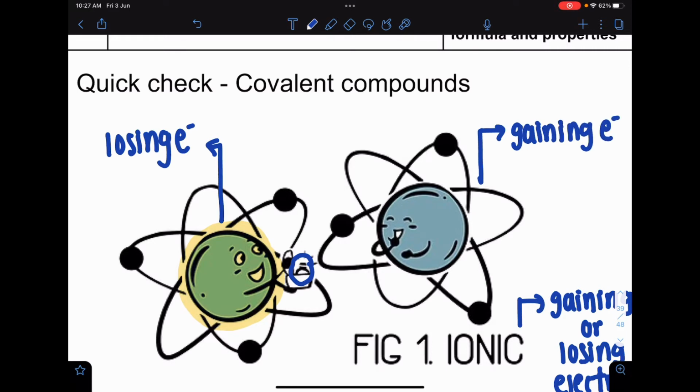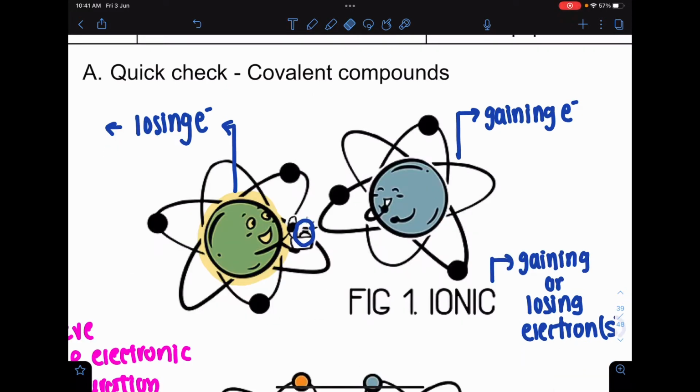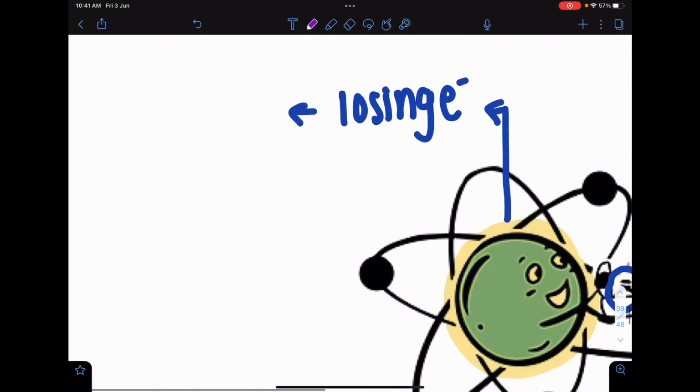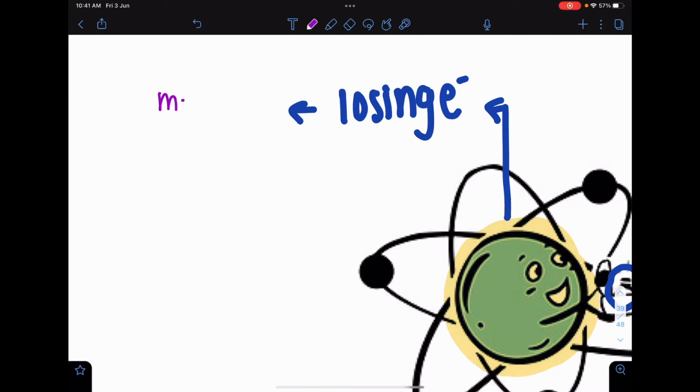Okay, so what type of atoms undergo ionic bonding? Atoms that will lose electrons are the metal atoms. So what are the metal atoms specifically? The metal atoms refer to all the group 1, group 2, and group 3 atoms, as well as some of the transition metals.